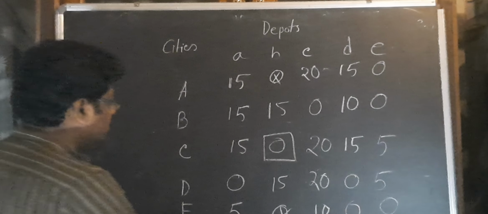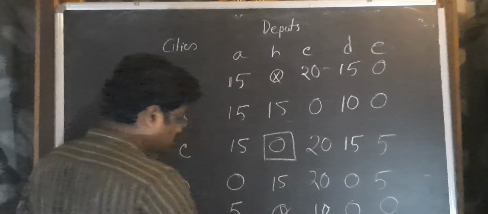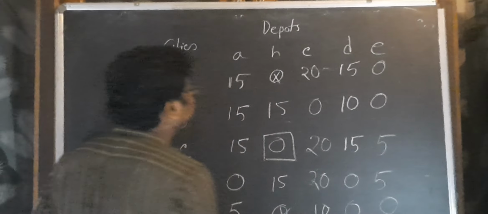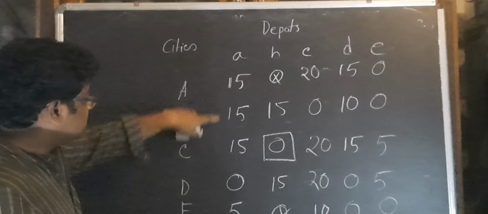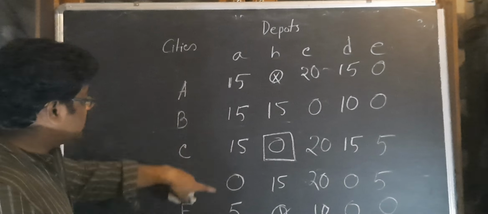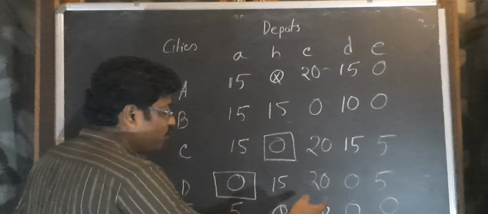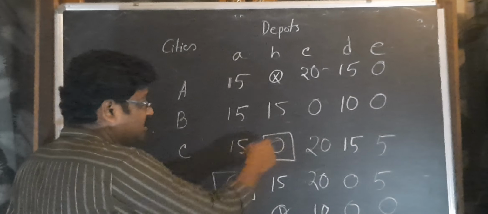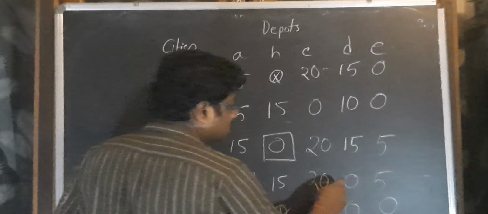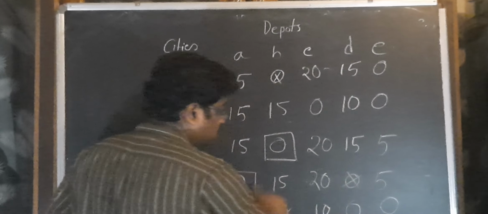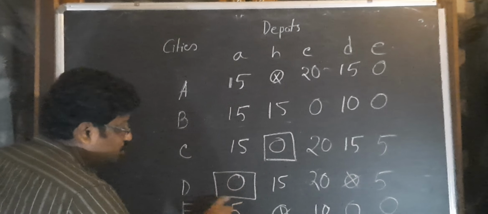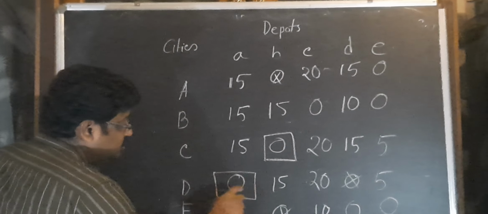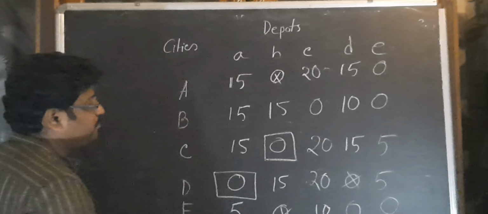Now we consider this row, there are 2 zeros, and there are also 2 zeros. Now consider the column, there is a single zero, we make a box here, and the same way as before, we cross the zeros in this row where the zero is marked by a box.